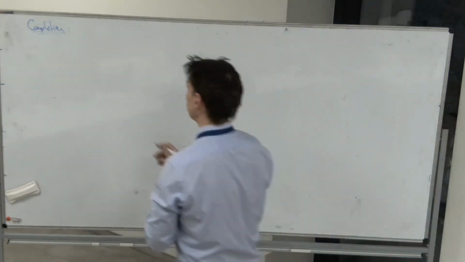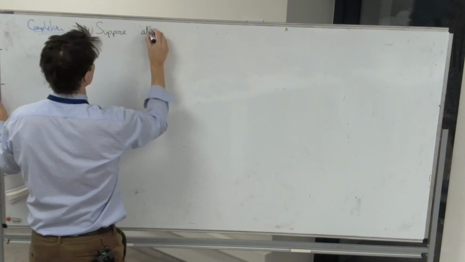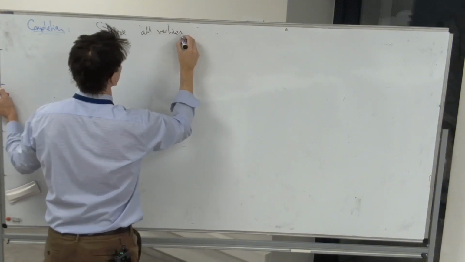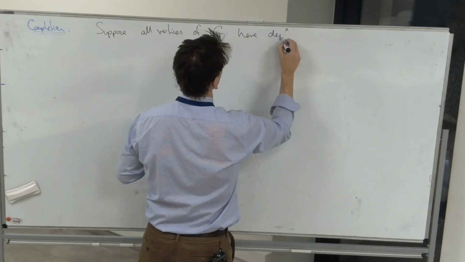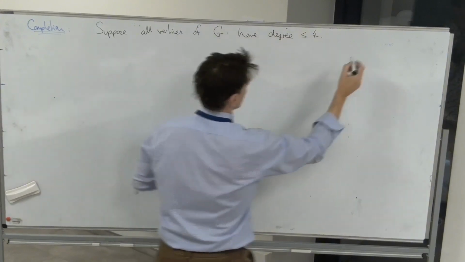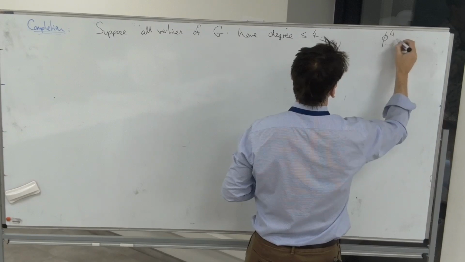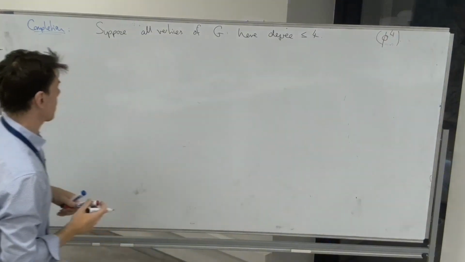So we assume that all vertices of G have degree at most 4, which is physical. Graphs in physics tend to have this property. It's called phi-4 theory in physics.